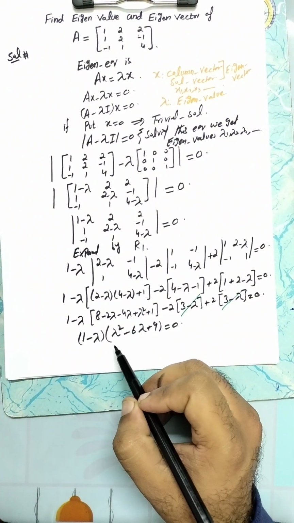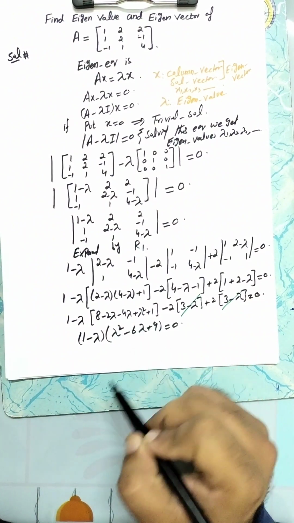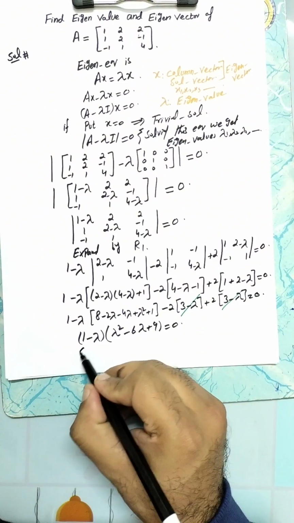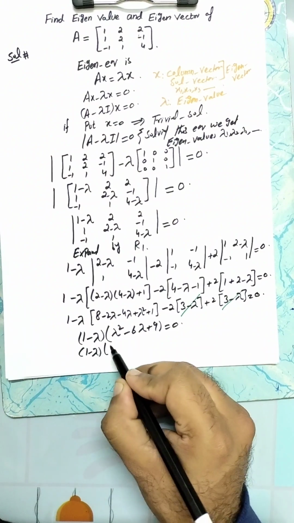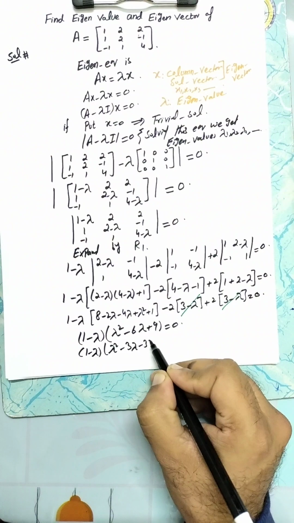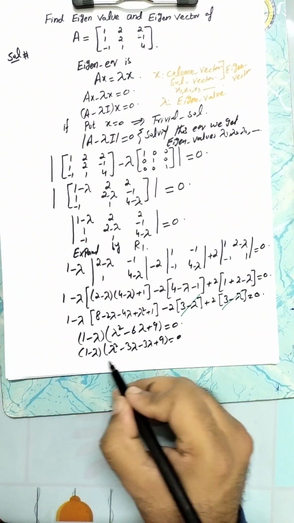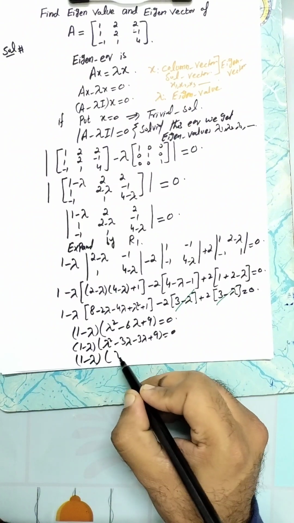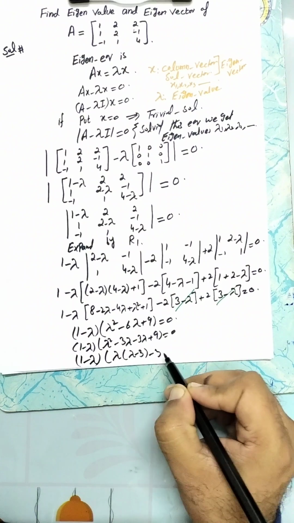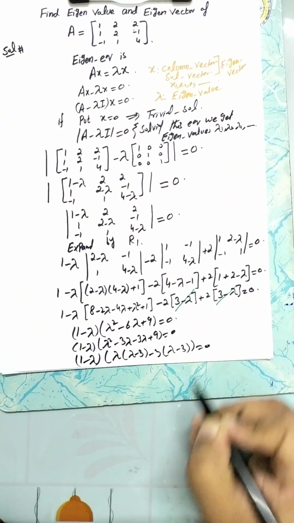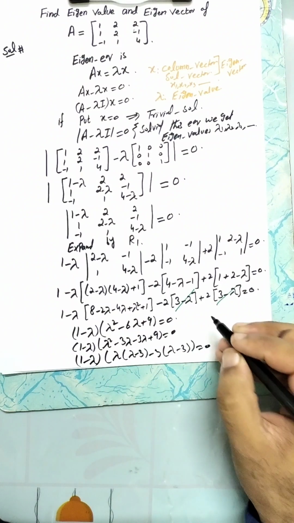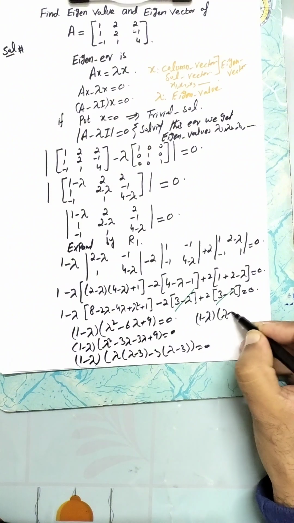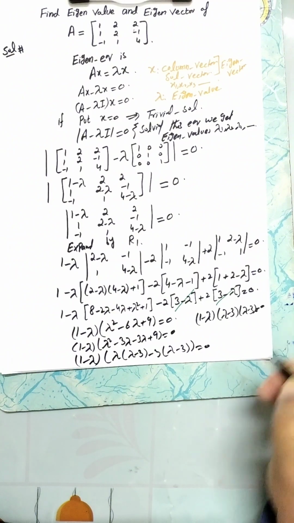So we factorize this term, or we use the quadratic formula. First we check the factors. The factors of this are lambda square minus 3 lambda minus 3 lambda plus 9 equal to 0. Taking lambda common, we get (lambda minus 3)(lambda minus 3). So this becomes (1 minus lambda)(lambda minus 3)(lambda minus 3) equal to 0.